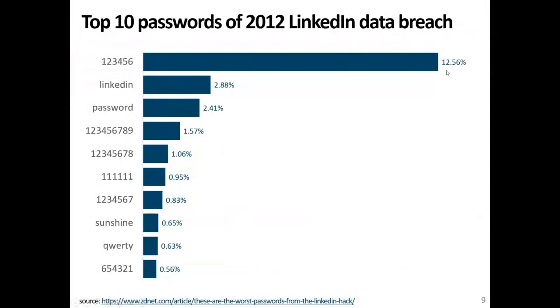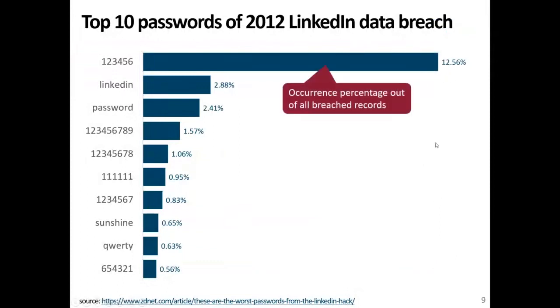And here you see the occurrence percentage of these common passwords, and actually of all the top 10 common passwords. And 1, 2, 3, 4, 5, 6 was used by over 12% of all people in the database. So 12% of all the hacked accounts were using 1, 2, 3, 4, 5, 6. That's incredible, in my opinion, and it makes the job of the hackers much easier.